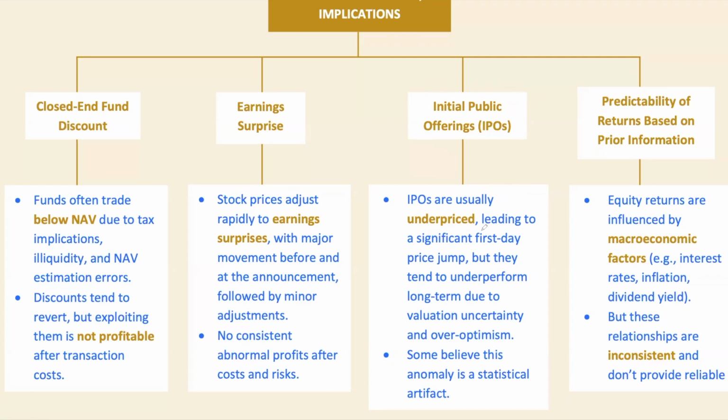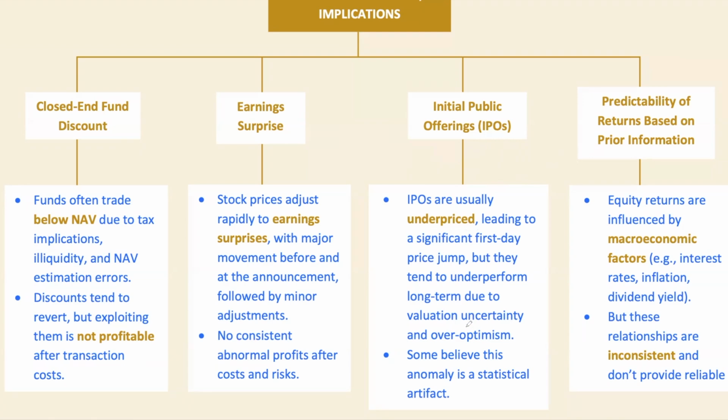You've probably heard that many IPOs pop on their first day. Basically, they list at X dollars, and by the end of day one, the price might be 10%, 20%, or even 50% higher. That's because underwriters typically want to err on the side of underpricing to ensure the IPO is successful. If you manage to buy at the offer price, you'd profit from that pop.